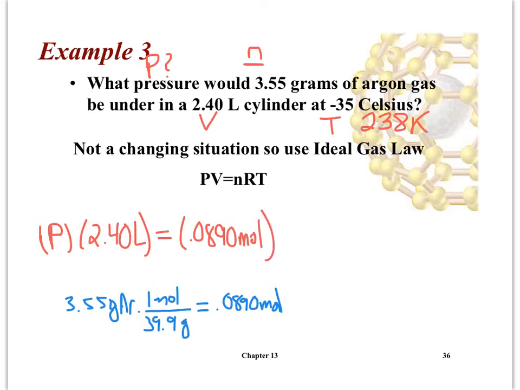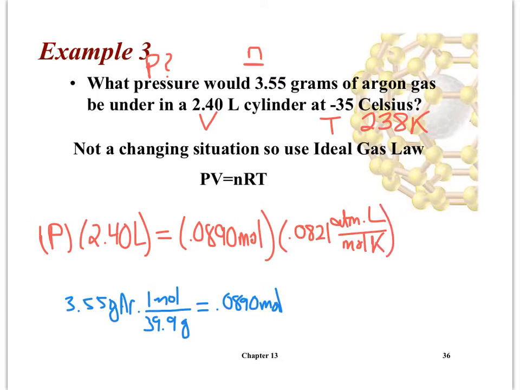R is a constant. You could use, in this case, whatever R you want. If it specifically tells you to calculate the pressure in certain units, then you have to use those. But if it doesn't tell you, you pick whatever you want. Most people like atm, so let's calculate our pressure in atm. So then we're going to use the R that has atm in it. So that would be 0.0821 atm times liters per mole Kelvin.